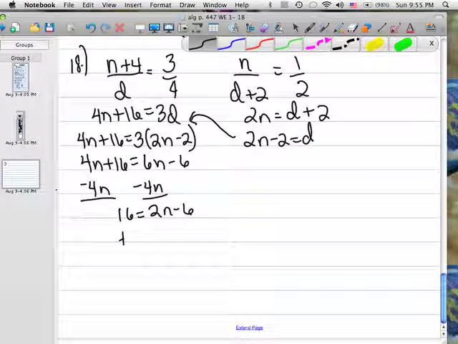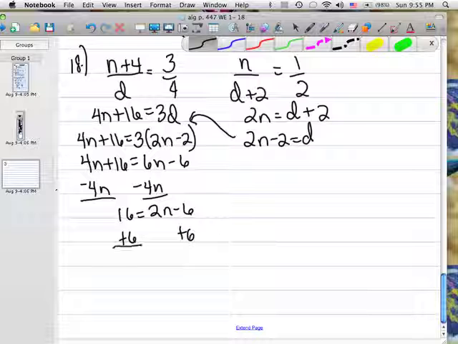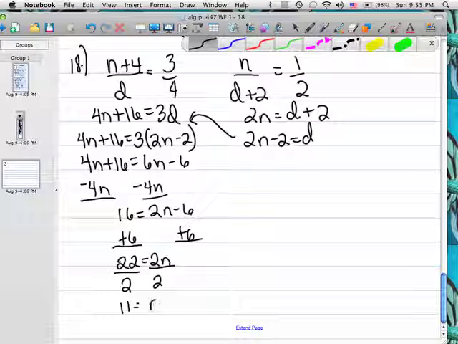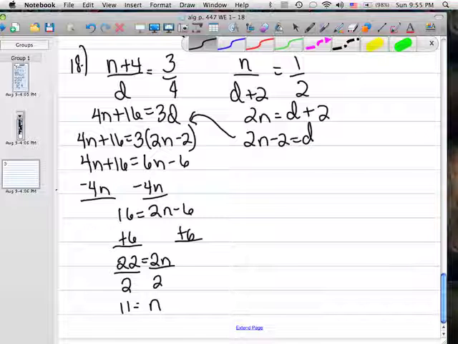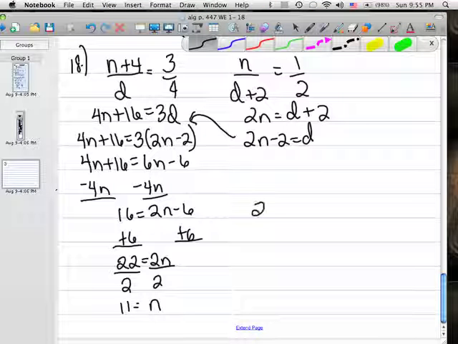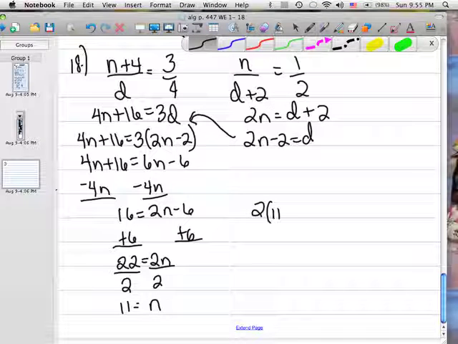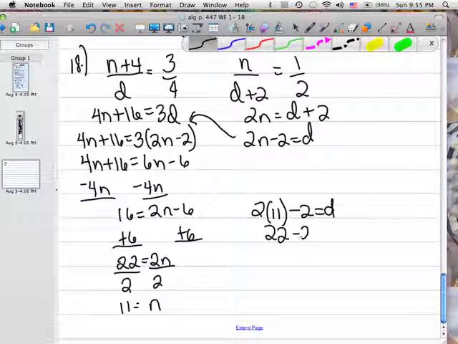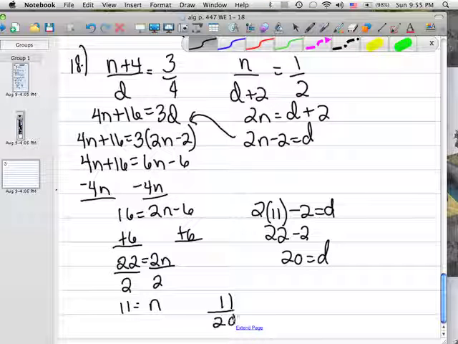Add 6, we get 22 equals 2n. Divide by 2, and the numerator is 11. The denominator is 2 times the numerator minus 2. So that's 22, take away 2, the denominator is 20. So my fraction is 11/20.